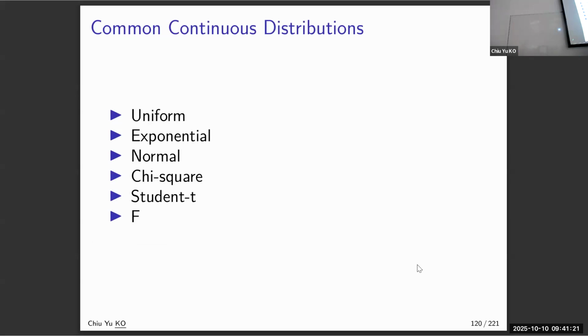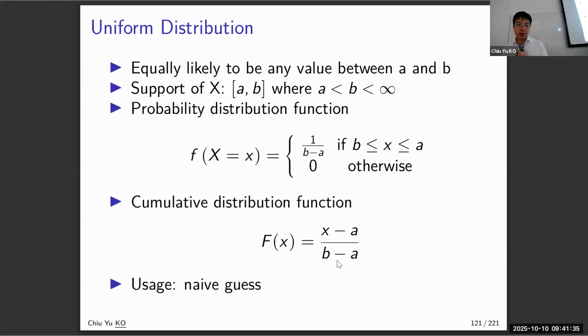We'll finish all this and then go to some Excel. Very quickly, let's review the uniform and exponential, then we go to the normal. The uniform is just every value. Of course, each single point has probability 0, but every interval of the same length has the same probability.